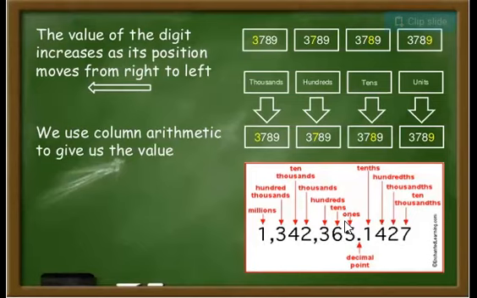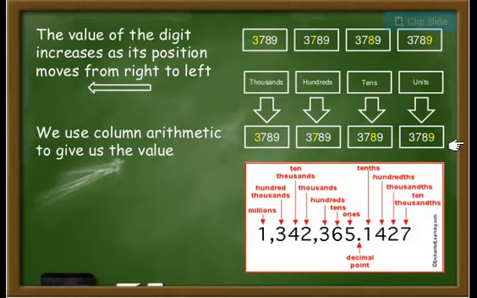Whenever we go from right side to left side, the position also increases. First, 5 is in the ones place, next 6 is in the tens place, 3 is in the hundreds place, 2 is in the thousands place, 4 is in the ten thousands place, 3 is in the hundred thousands place, and after that 1 is in the millions. So we are using the international place value chart system.